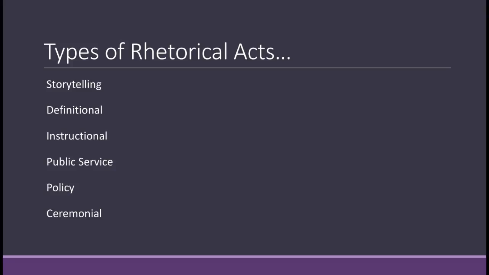The chapter spends some time talking about rhetorical acts. They define and go through 6 types of rhetorical acts that we can utilize in developing oral rhetorical analyses as well as written ones. Storytelling is used to create a presentation and provide a virtual experience for the audience.